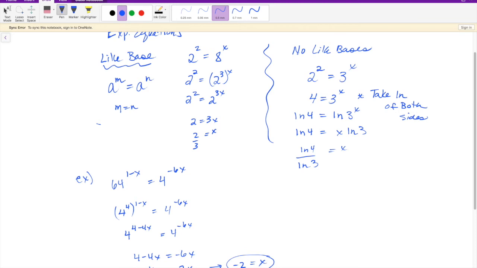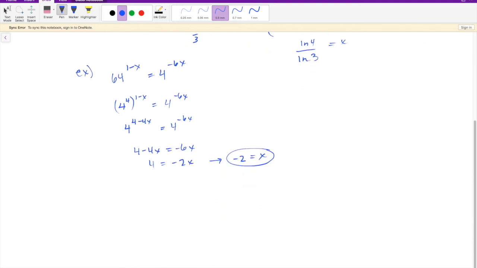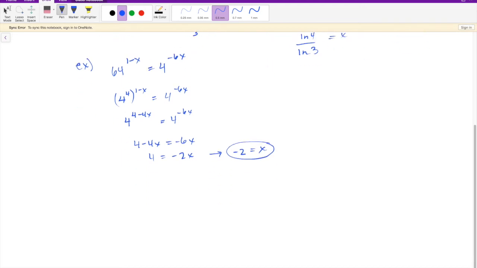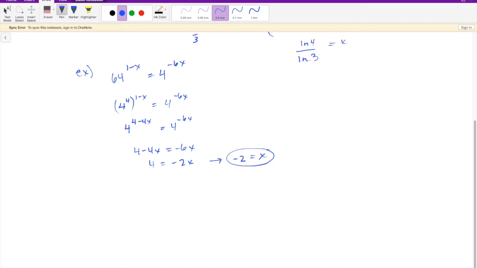Okay, so next, let's take a look at one where you can't manipulate like bases. Let's look at 16 to the 8x is equal to 15 to the x minus 4.